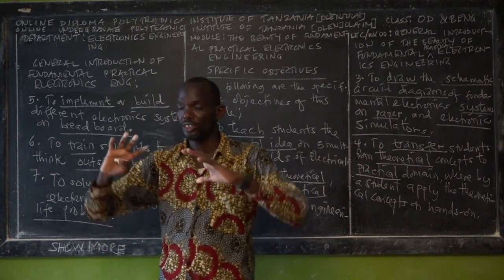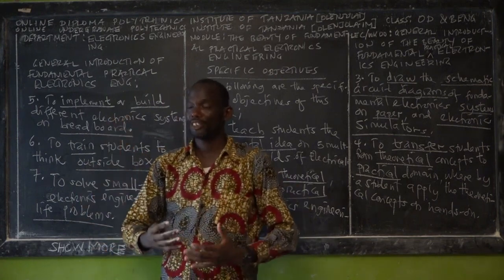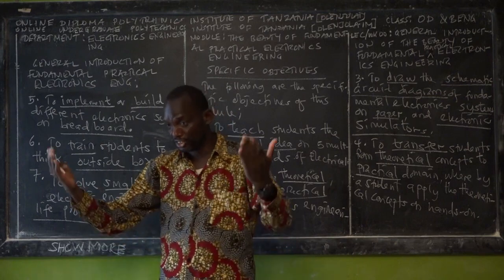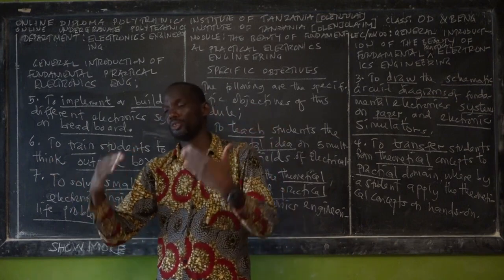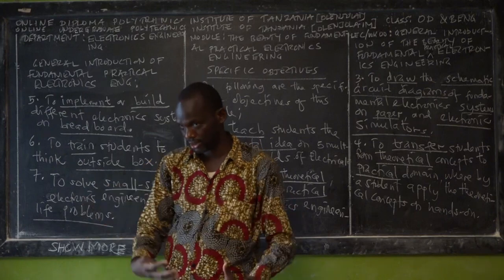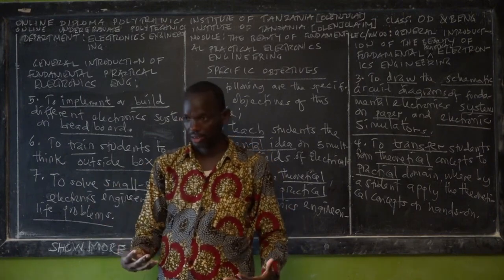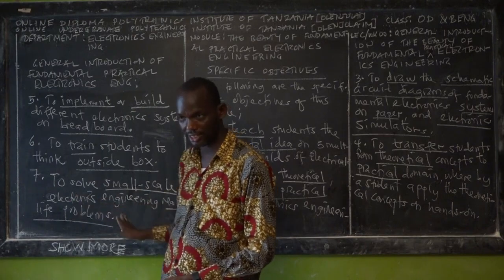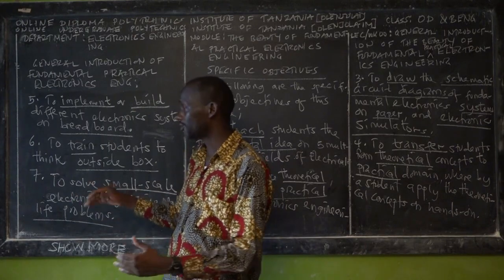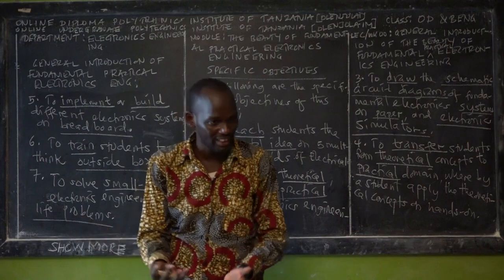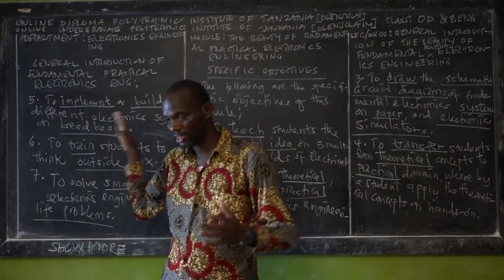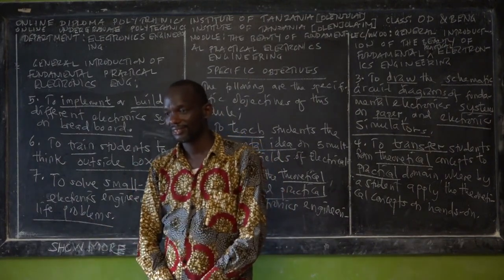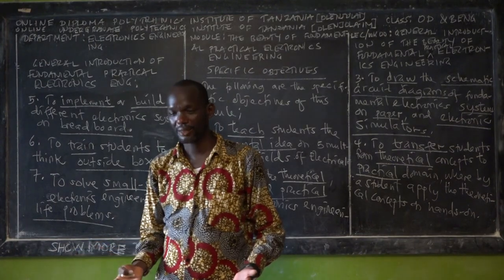Once you want to deal with large-scale problems, you might need knowledge we didn't teach in this module; maybe you need to take another module. Because this is the last chapter, this is the last specific objective: we'll see how to apply everything we've learned from the beginning through chapter 11. Did that answer your question? Yes, thank you very much.